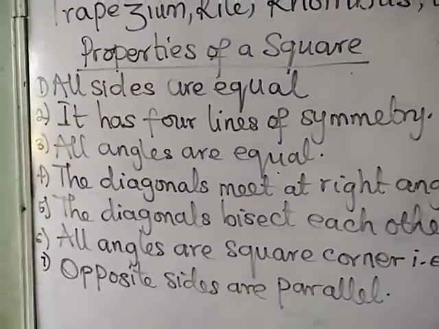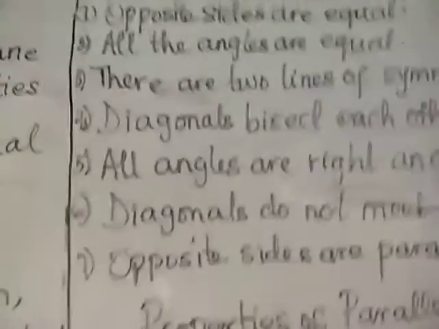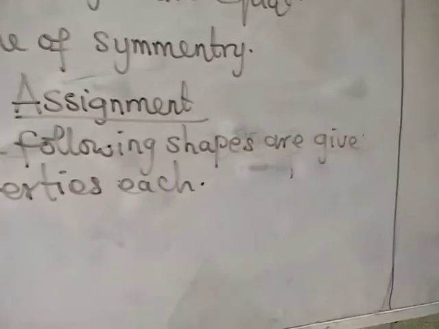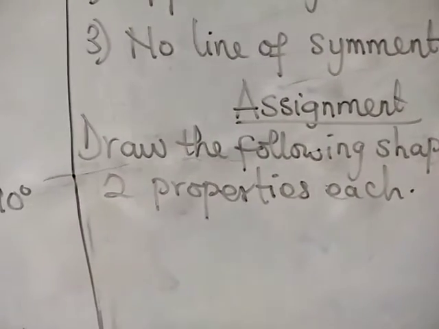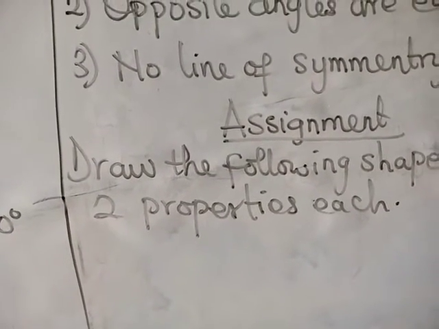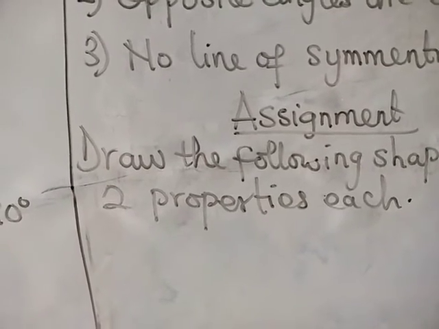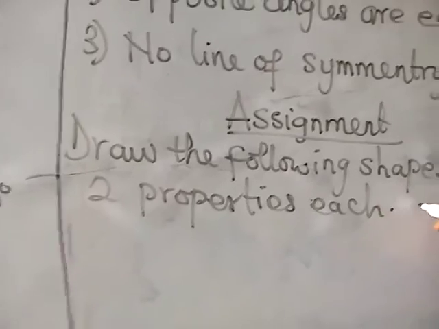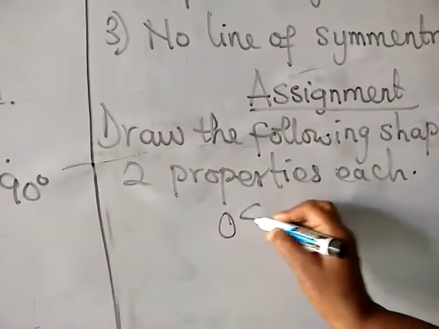So our assignment for today will be to draw the following shapes that are given and give two properties each for them. The first one, I would like us to draw a square.